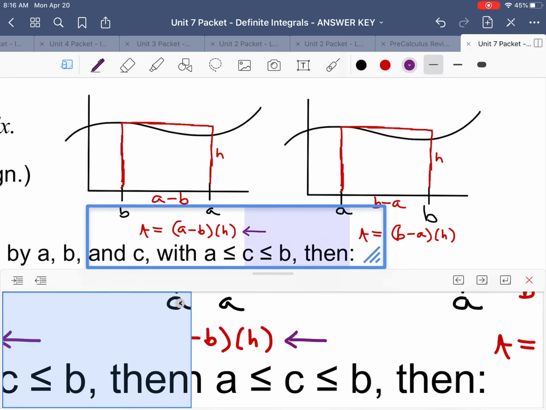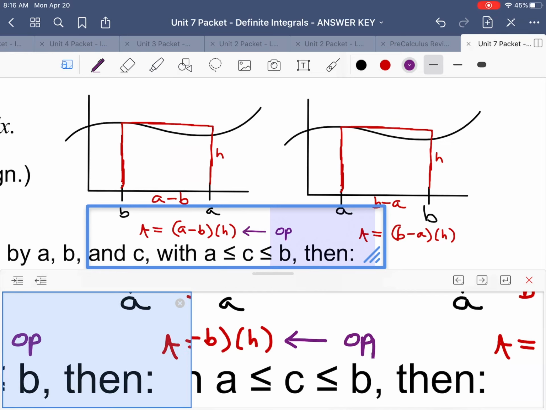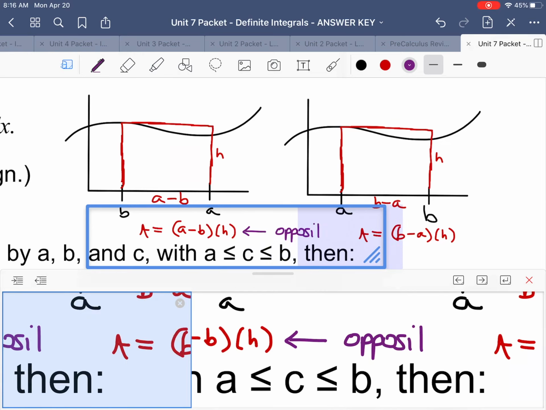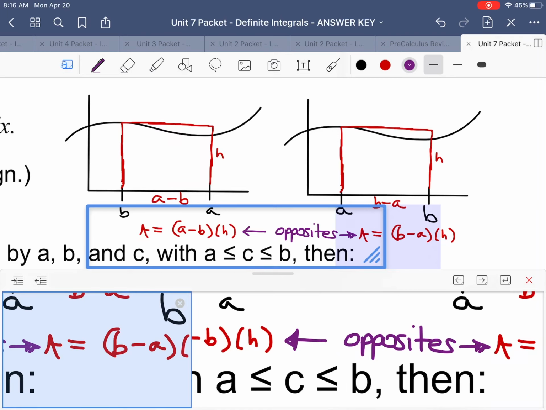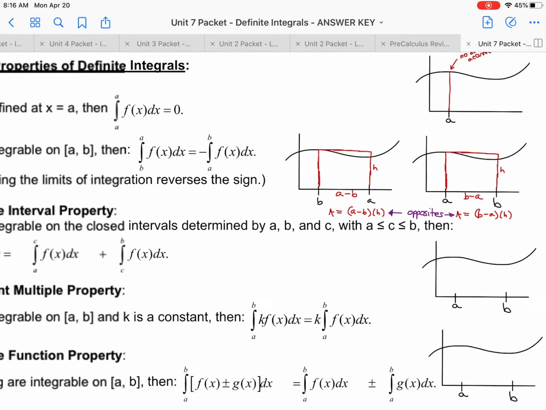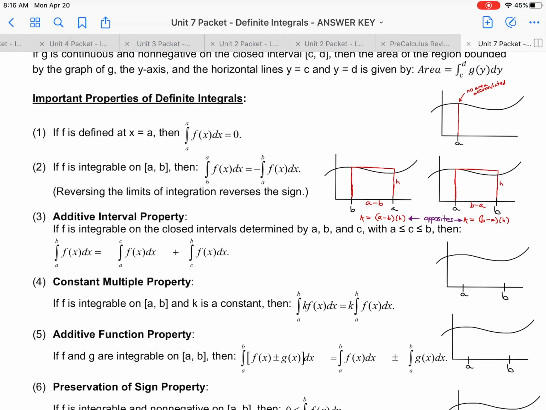All right, so what we're looking at here are opposites. a minus b is the exact opposite of b minus a. So that's all we're looking at there. Swapping the bounds of integration will swap the sign of the integral.